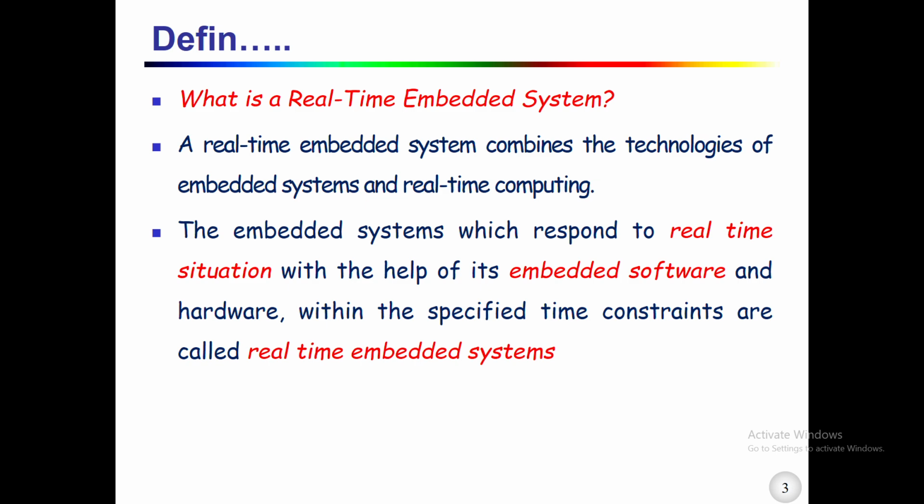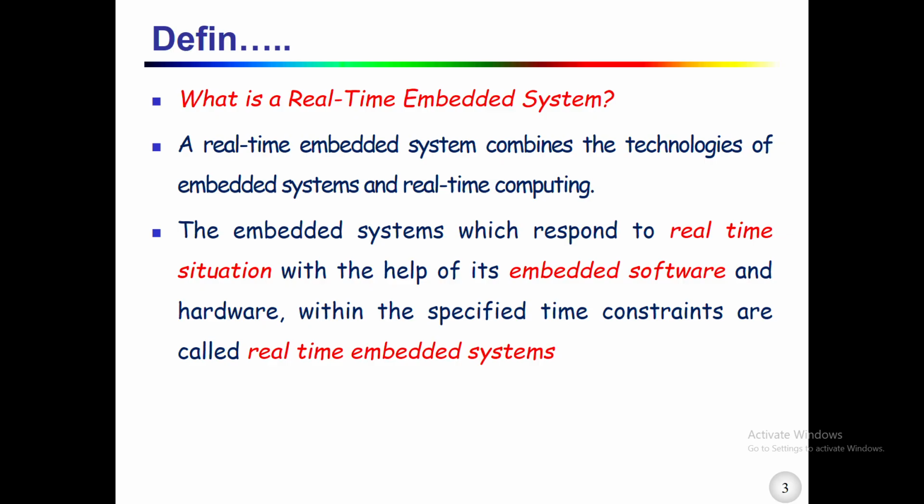As you can see here, a real-time embedded system combines two different technologies: embedded systems and real-time computing. The embedded systems, which respond to a real-time situation with the help of embedded software and hardware within specified time constraints, are called real-time embedded systems.